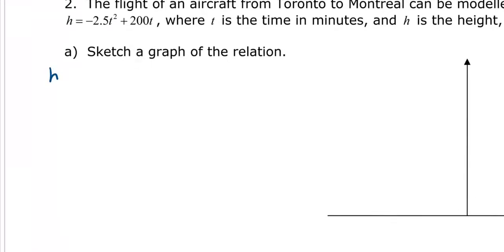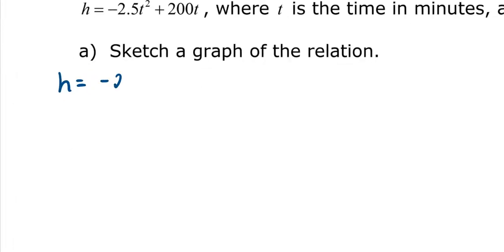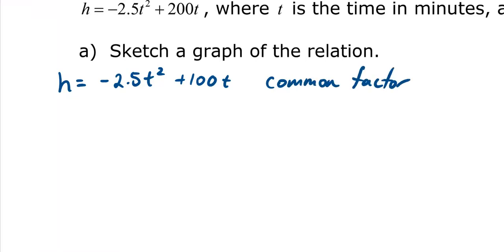So if h equals, let's write the equation, negative 2.5 t squared plus 100 t. I'm going to common factor. So check, can I divide both terms by negative 2.5? And it certainly works.